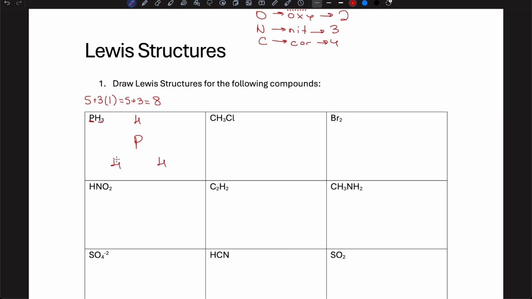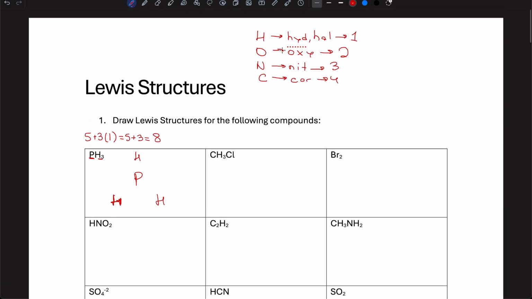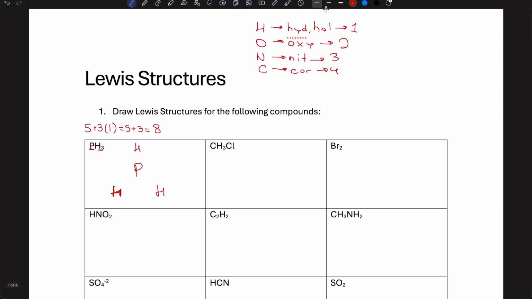Okay, and we'll really talk about shapes of Lewis structures in a later video. For now, we're going to write it like this. And using our HONC mnemonic, this is where it really comes in handy. We said that hydrogen likes to form one bond, and so we're going to give it what it likes and give it one bond. And then we're just going to count how many bonds we have, how many electrons we have written in this structure.